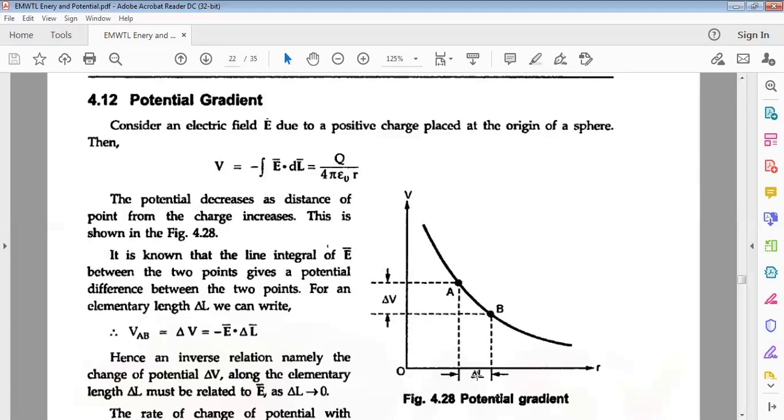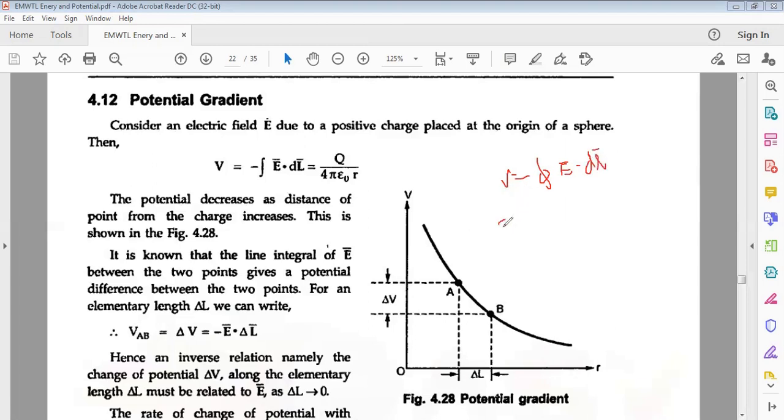Delta means an incremental or elementary length delta L. Incremental potential delta V is equal to minus E bar dot dl bar. Otherwise, V is equal to minus integral E bar dot dl bar.